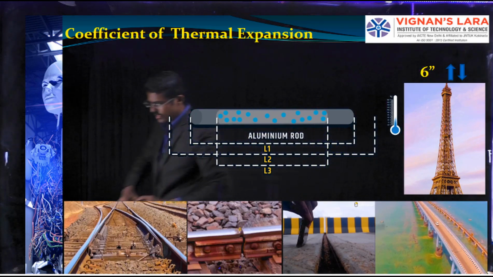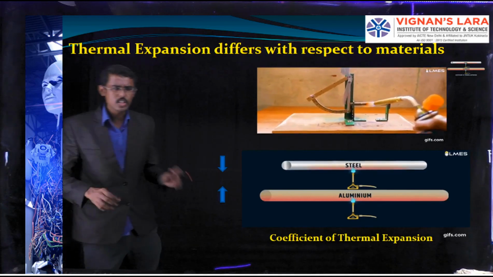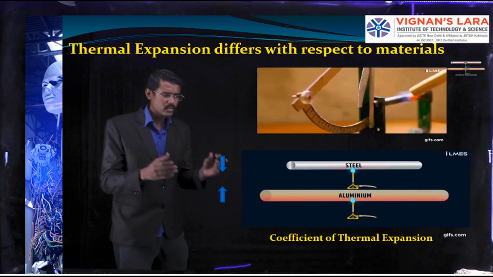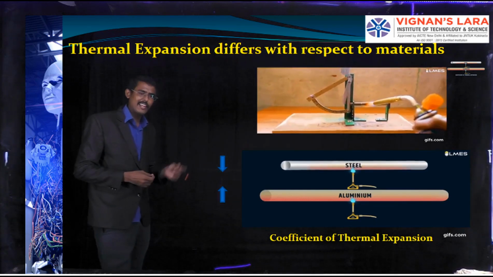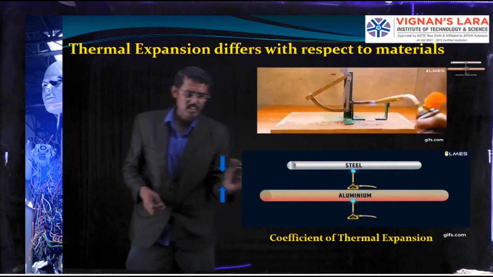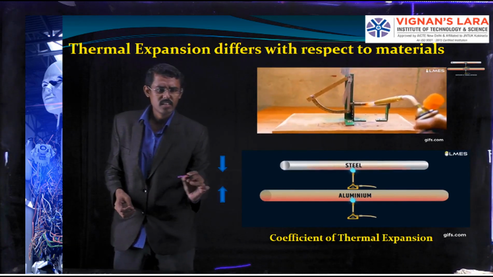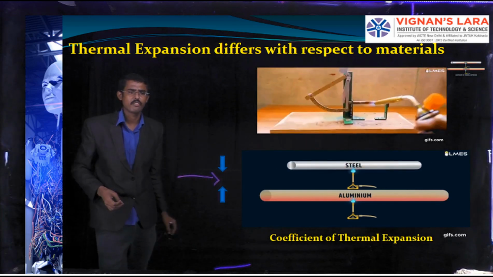So now we see the second one. In this picture, I have utilized two materials for finding thermal expansion. The first one is steel, which has a low thermal coefficient of expansion.